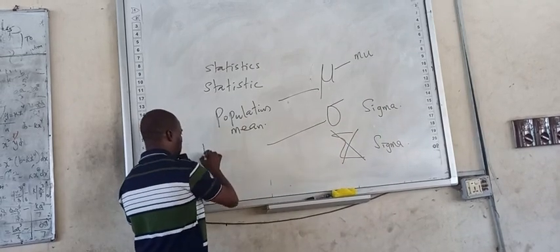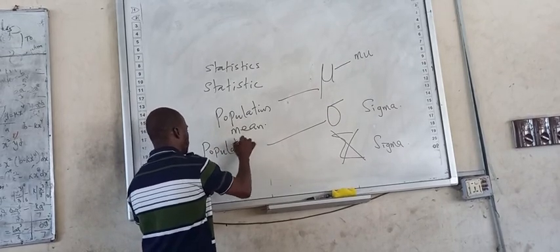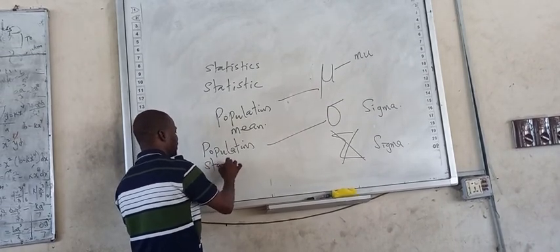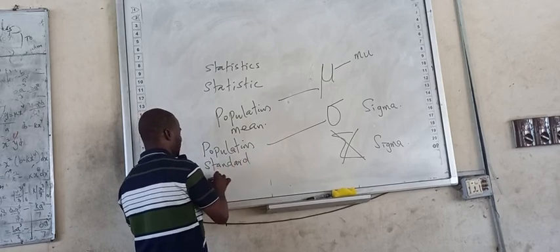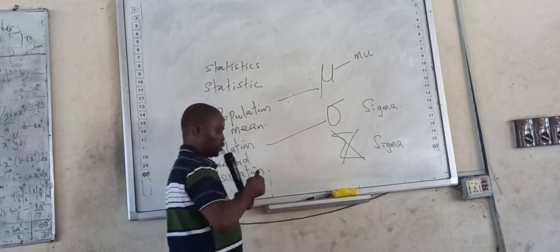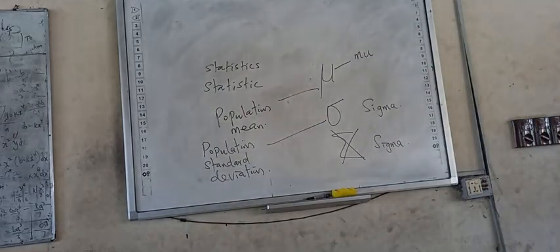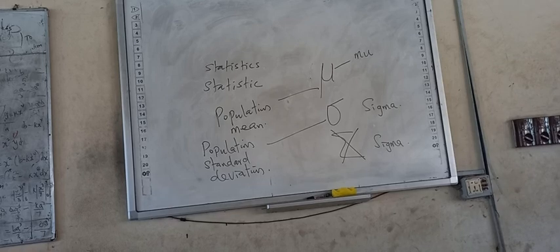This is population standard deviation. So anytime you see this, know that you are dealing with population. Mo, population mean, sigma, population standard deviation.